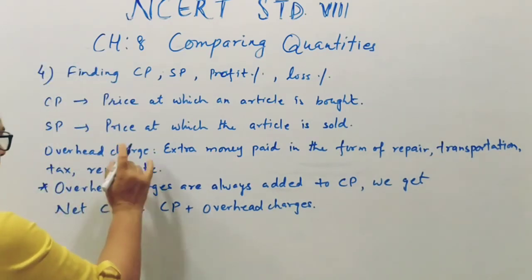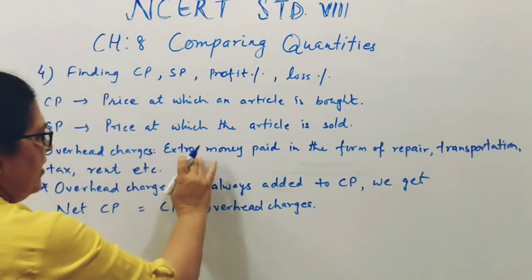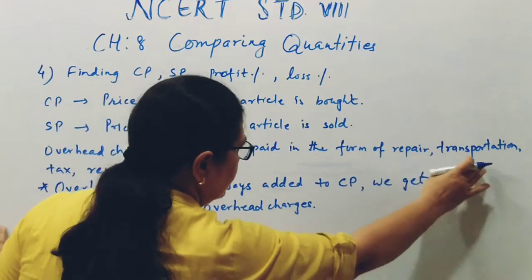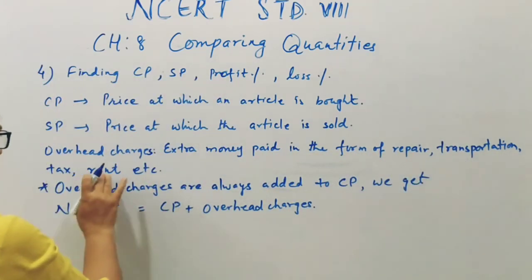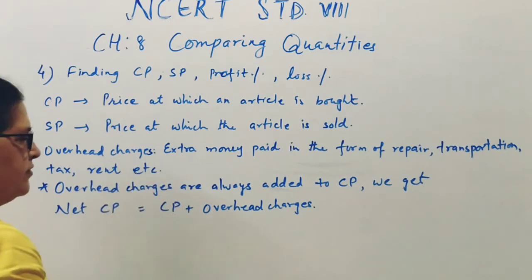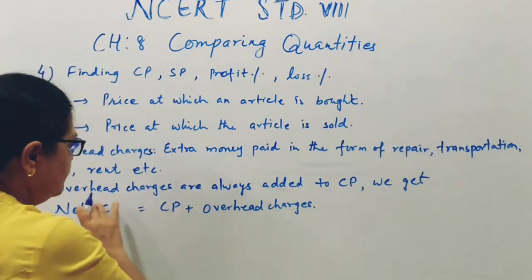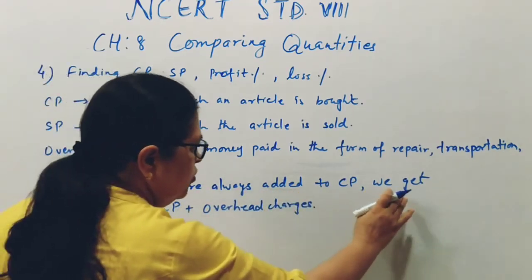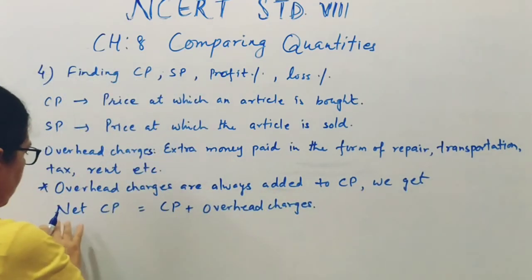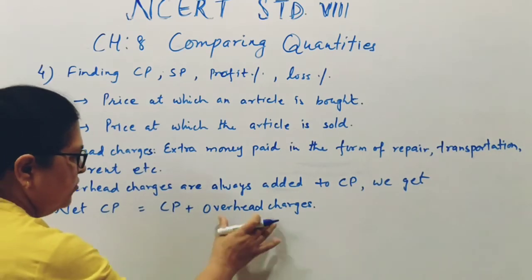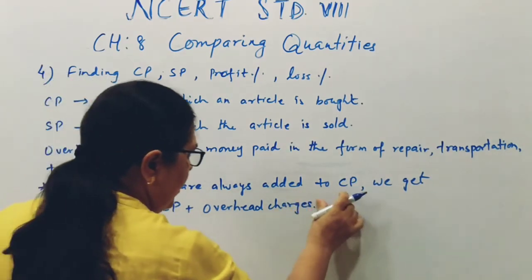Next, overhead charges, extra money paid in the form of repair, transportation, tax, rent, etc. is called overhead charges. Overhead charges are always added to CP. So we get net CP as CP plus overhead charges, if any.